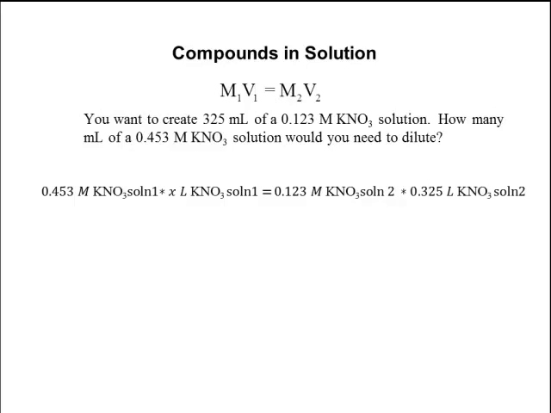So when I solve for x, I get 8.82 times 10 to the negative 2 liters of the potassium nitrate solution 1, or I'm going to change that into 88.2 milliliters of potassium nitrate solution 1. So now we know how much of that concentrated solution I need, and I'm going to take that volume of the concentrated solution and add enough water to dilute it to 325 milliliters.